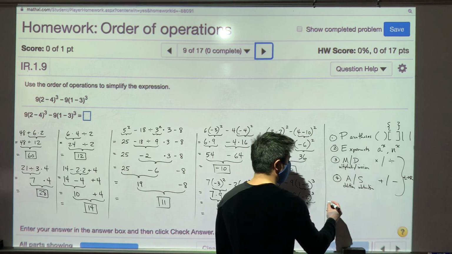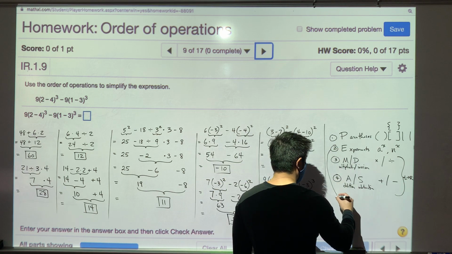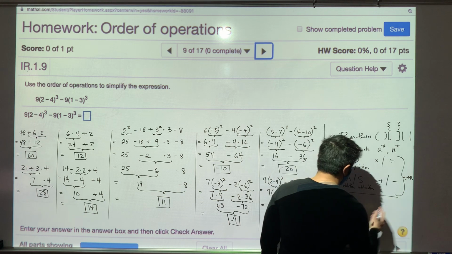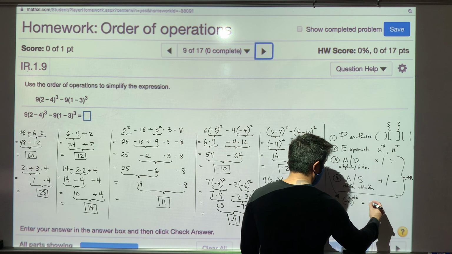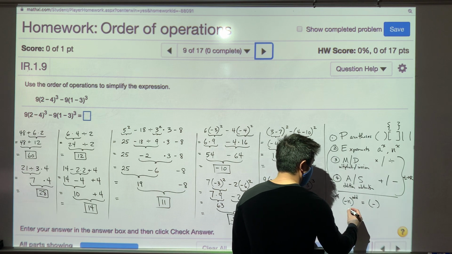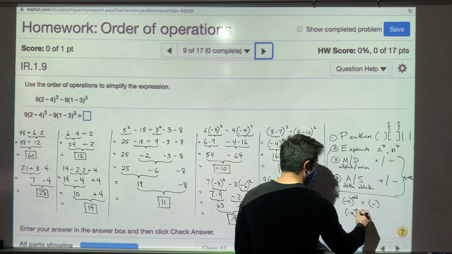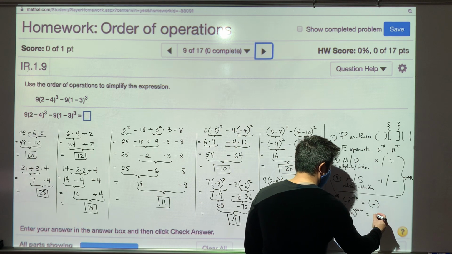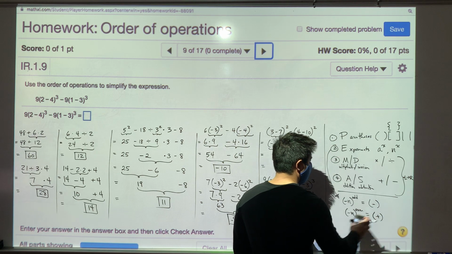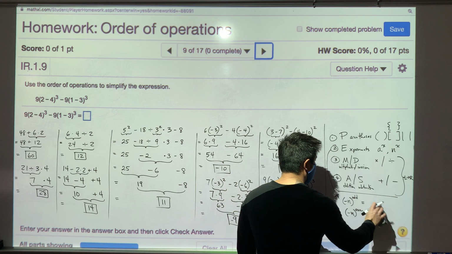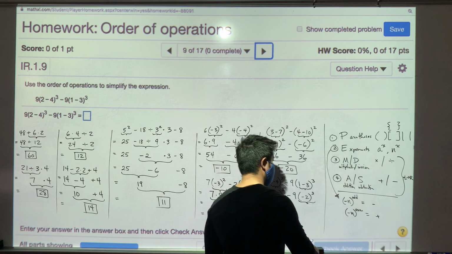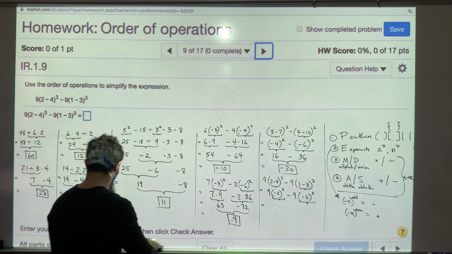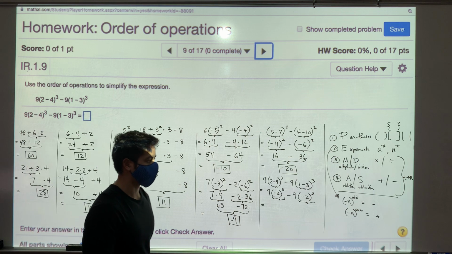Now, as a side note, if I have some negative number to an odd power, it will always end up being negative. If I have some negative number to an even power, it will always end up being positive.